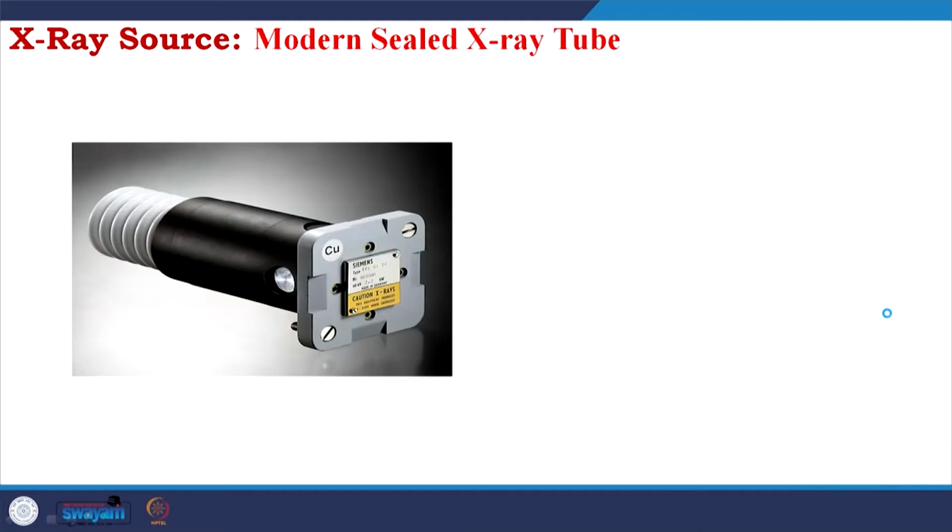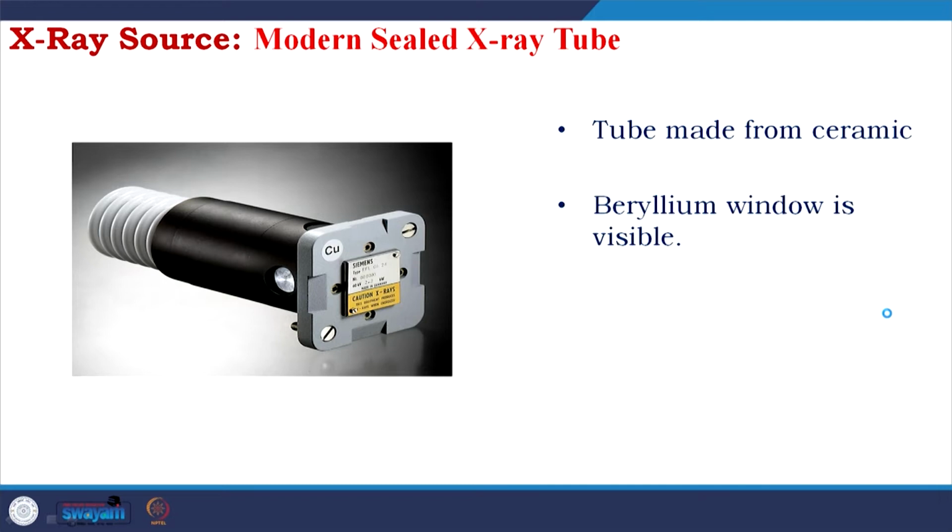So, it is great. There are modern new facilities, modern sealed X-ray tubes which are made of ceramic, their beryllium windows are visible, and you could see the anode type as copper written here, and focus types are labeled. Besides that, there are metal jets made of gallium, where they use liquid metal. So, remember the problem. The problem is, when in the sealed tube it was continuously targeted, it was generating a lot of heat.